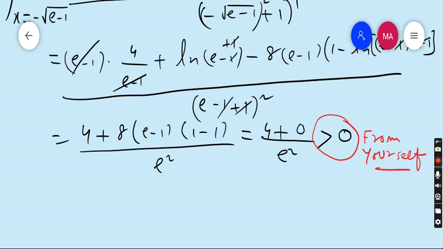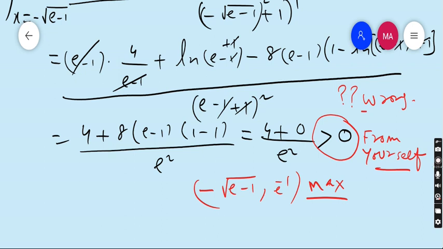Okay, the answer in the book is minus root of e minus 1, which is a maximum. So this is wrong. Kindly find my mistake, in order to check all steps again.